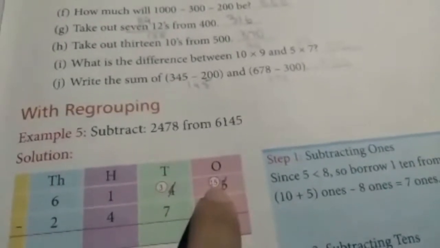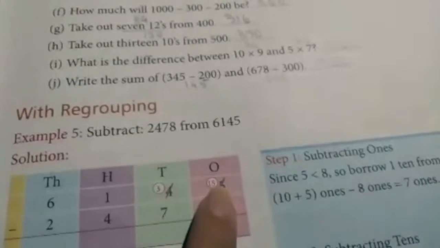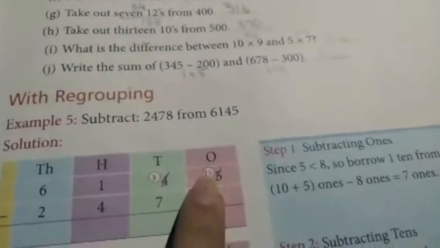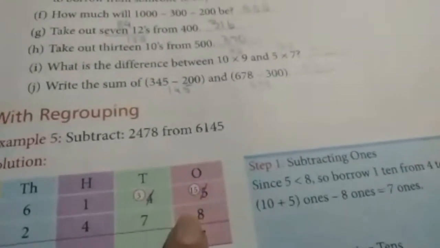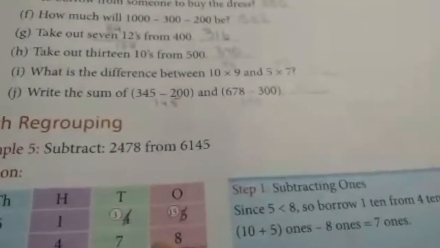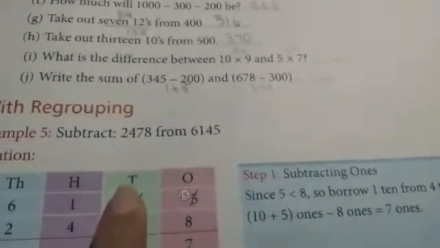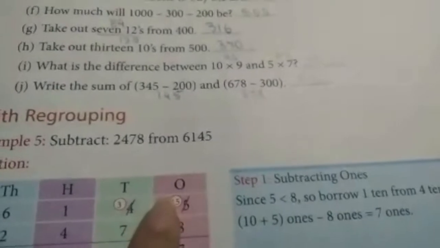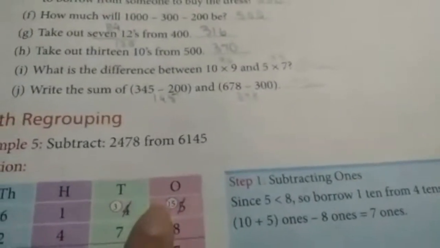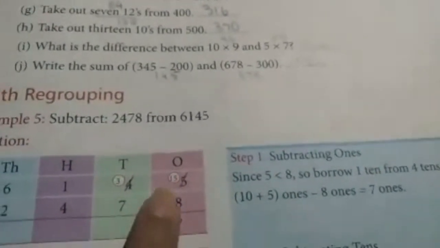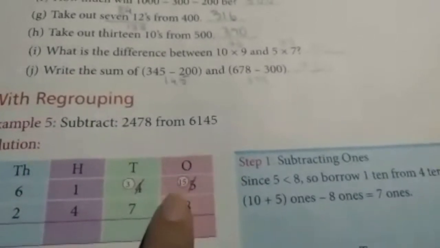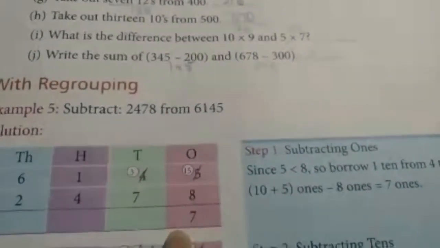So 10 plus 5 becomes 15. Now we can subtract 15 minus 8, because 15 is greater than 8. So 15 minus 8 becomes 7.